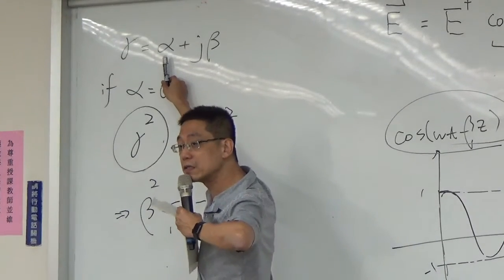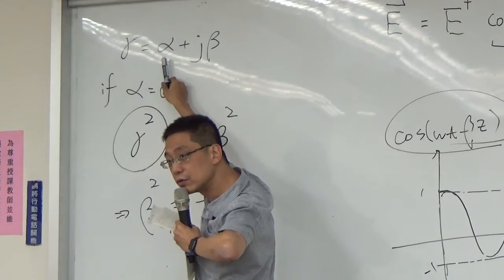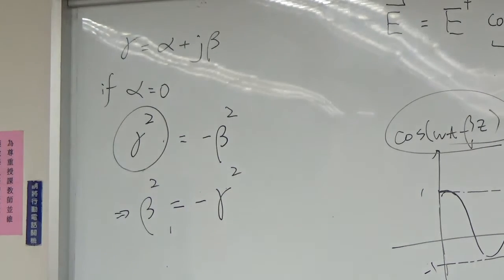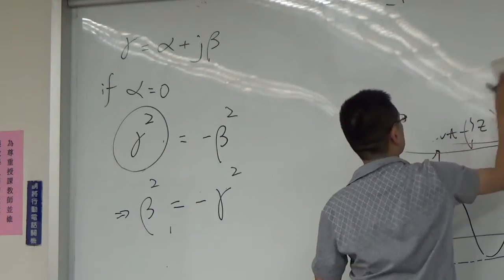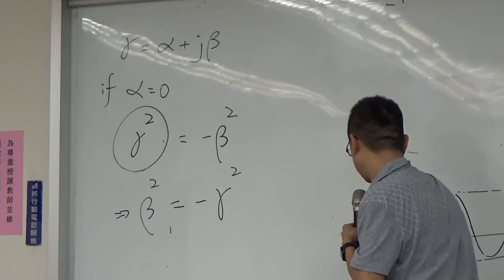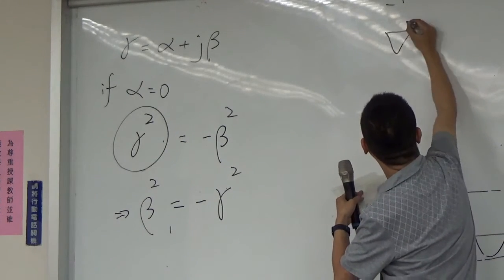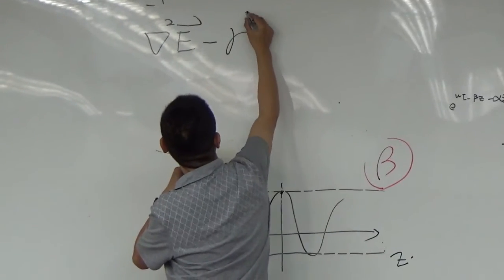If your alpha is 0, you have the same result. So your new equation of the lossy case will become, right down here, minus gamma squared.